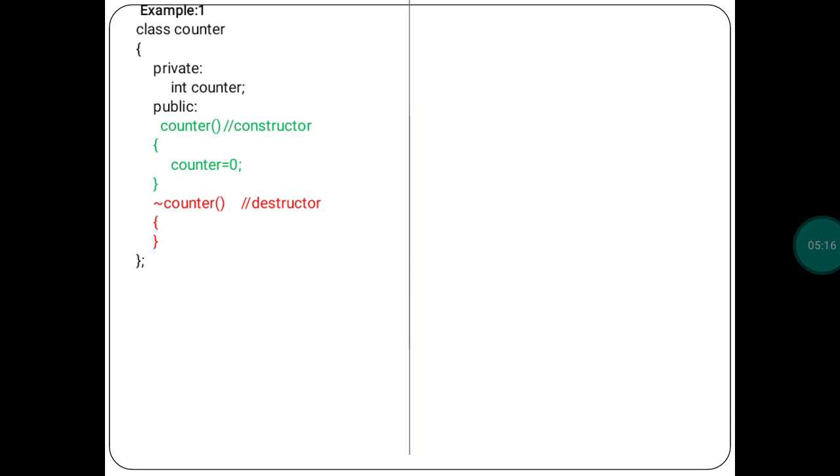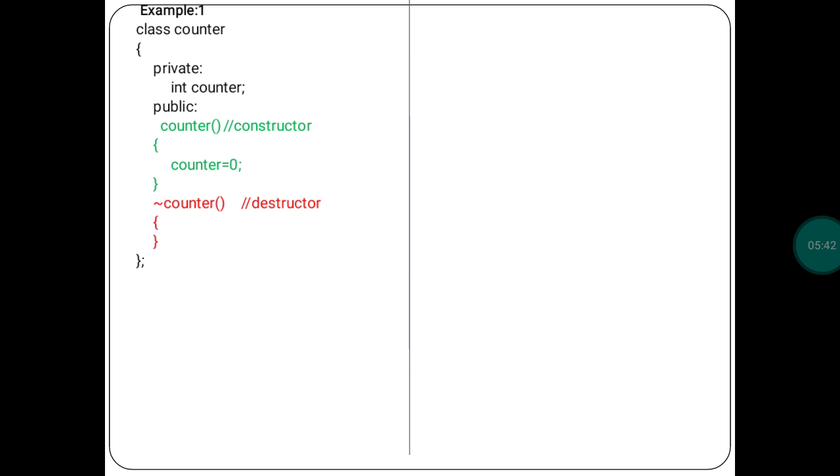Int is the data type and counter is a variable, so counter becomes a data variable. Public: Counter with open and close brackets is a constructor. Inside the constructor, initialize counter equal to 0. Now we have initialized the counter variable as 0.